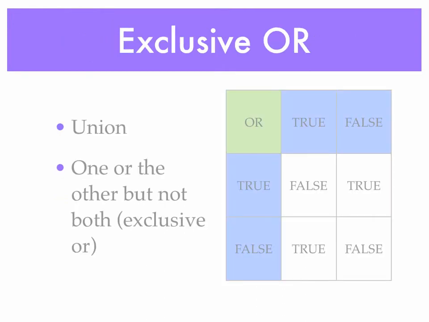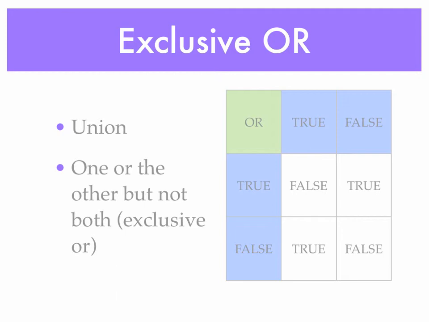There's also the exclusive or. It too looks at the union, but the test here is looking at the two conditions. If one or the other but not both of those conditions evaluate to true, I will return true. This is the exclusive or. One or the other but not both.